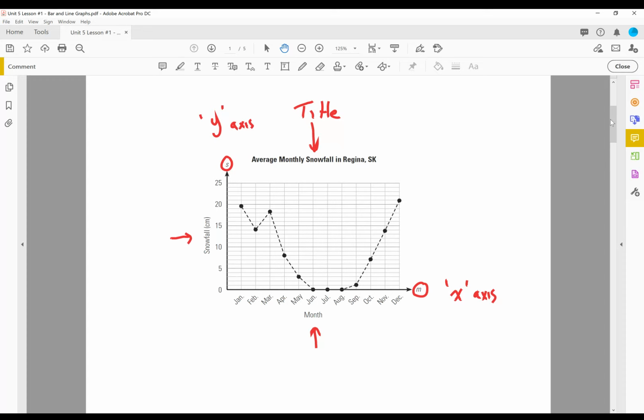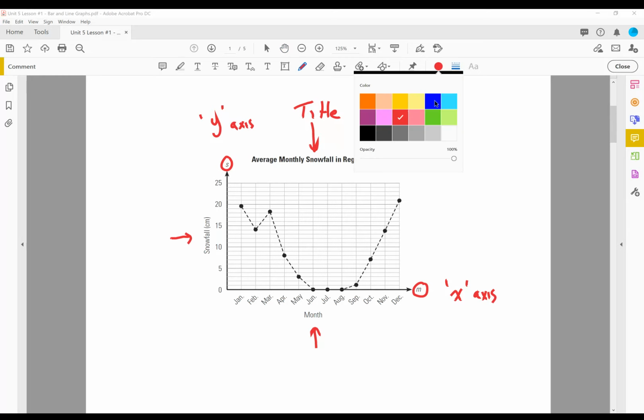Okay. Axis just means it's this line, the horizontal line. So the x-axis is this horizontal line, and the y-axis is this vertical line, and it represents certain things. So the y-axis, or the s-axis in this case, represents the amount of snowfall in centimeters.